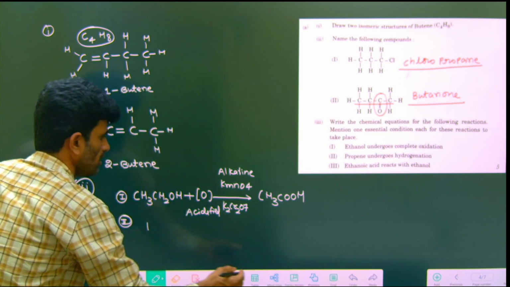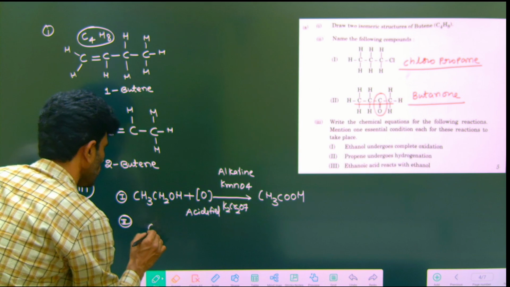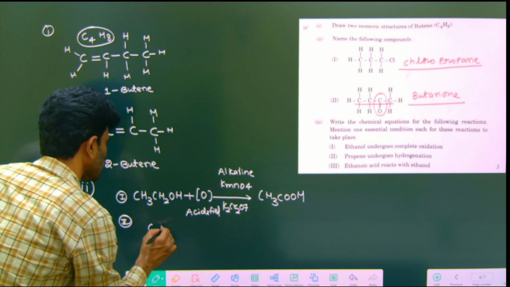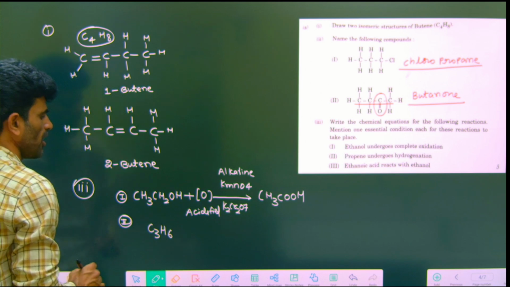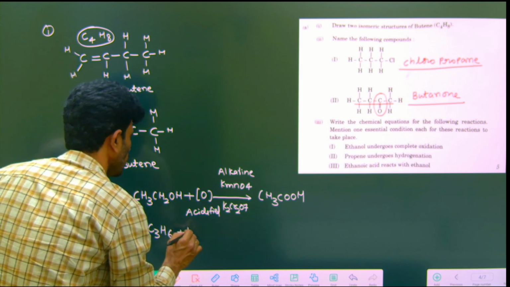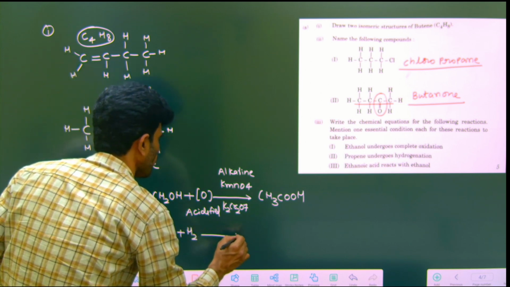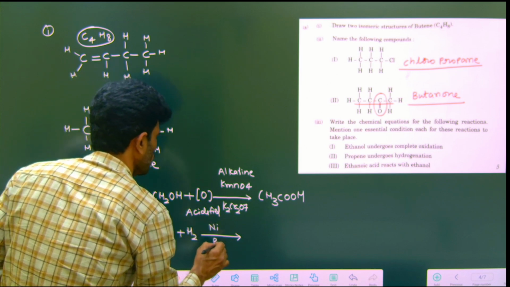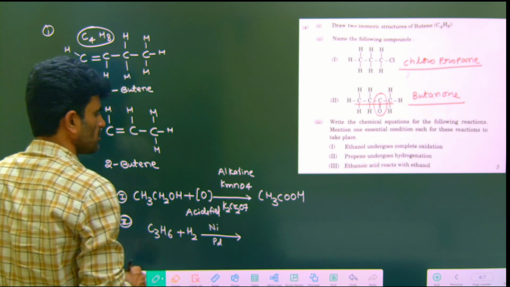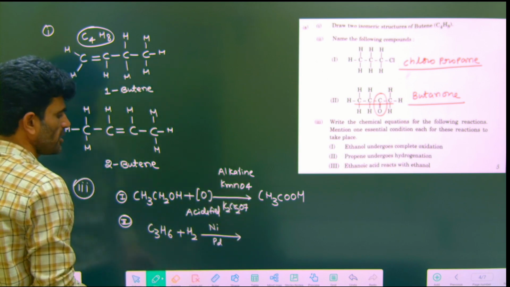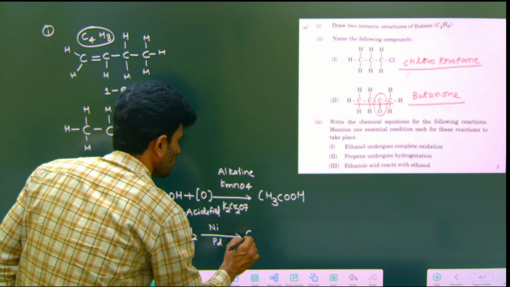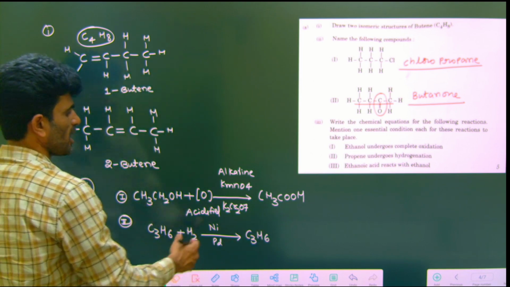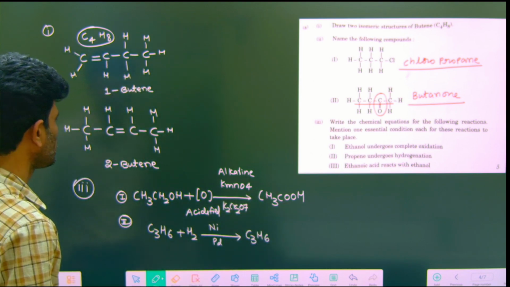C3H6, because it is an alkene, an unsaturated hydrocarbon. Hydrogen will be added in the presence of nickel or palladium catalysts. It will be converted into saturated hydrocarbon. Propene will be converted into propane. That is the second reaction.